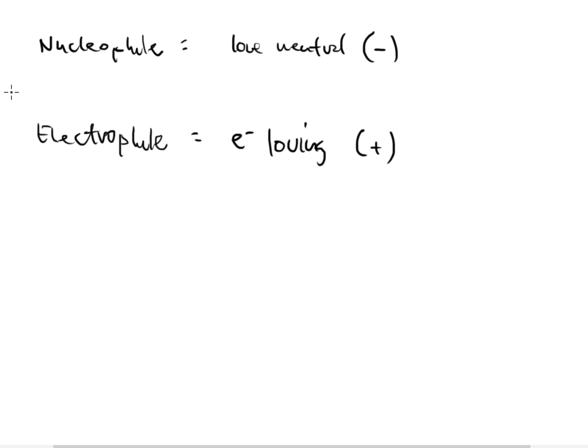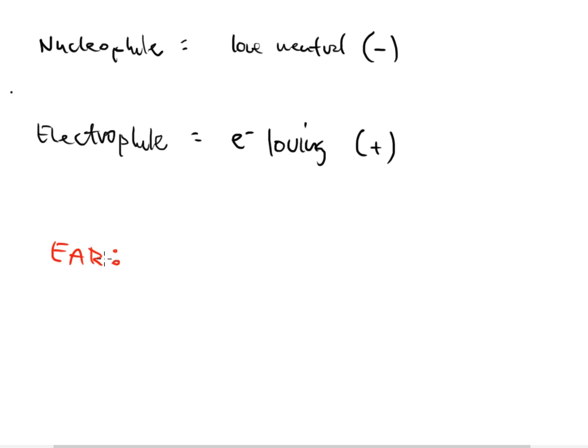Now, we've already discussed really one type of reaction. That was at the end of the last lecture module. That particular type of reaction has a classification, and that classification is called an EAR. That's what I call it, at least.